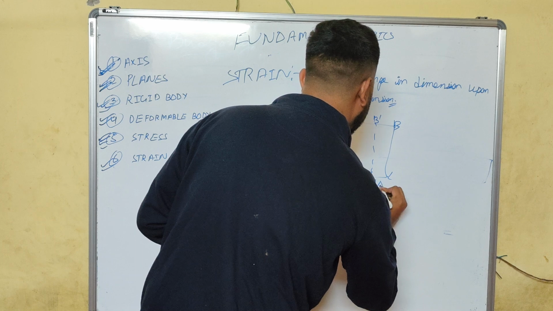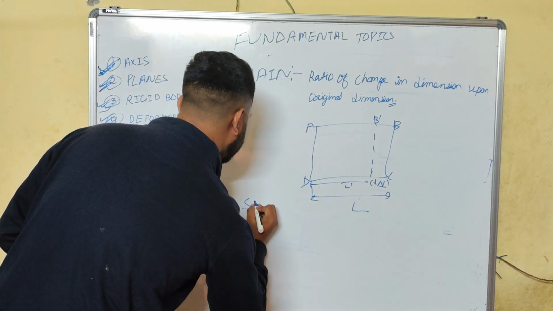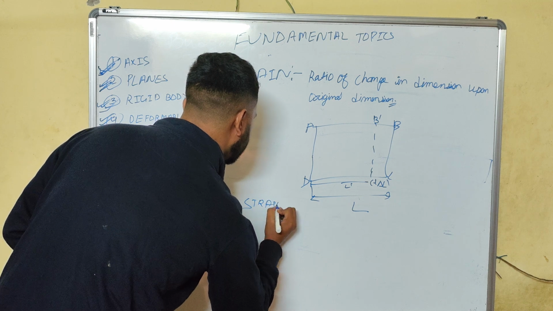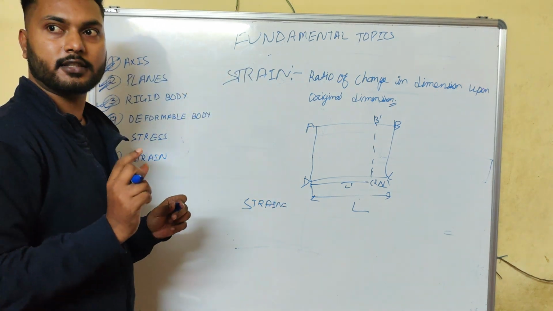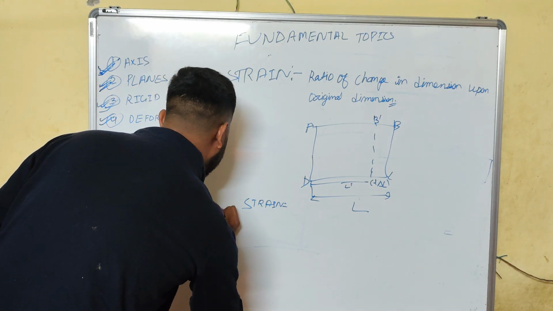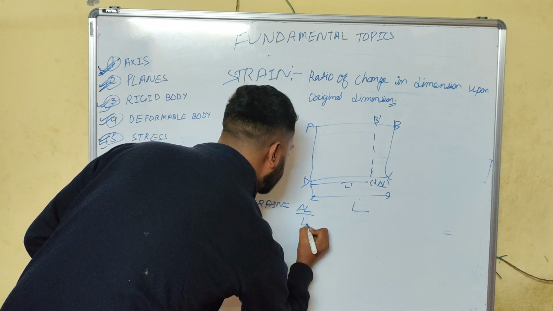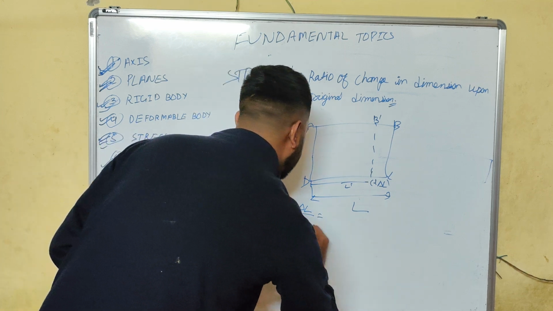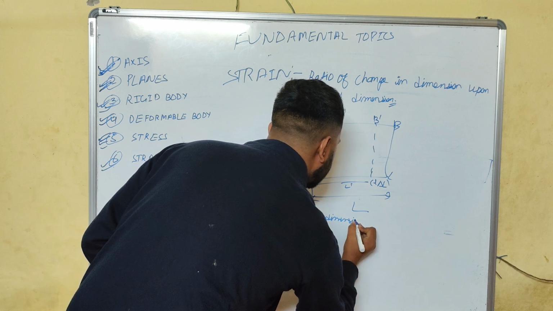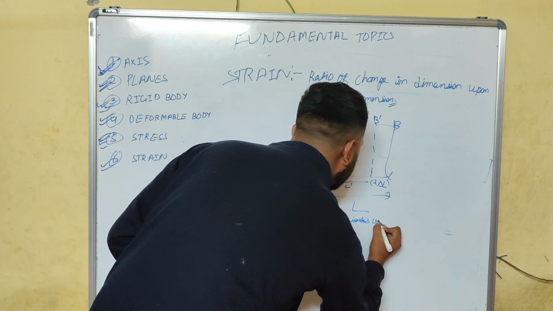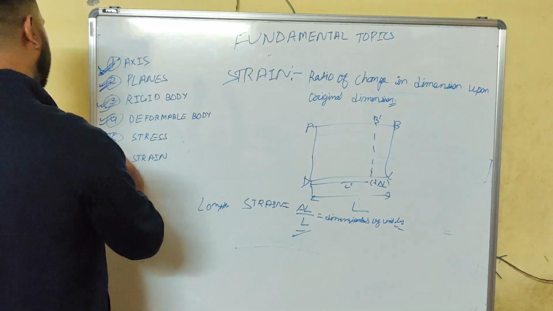A change in length becomes delta L. So the strain now, I am considering the longitudinal direction, so this is the longitudinal strain, that is change in length upon original length. So this is the strain we have. This is dimensionless or unitless.